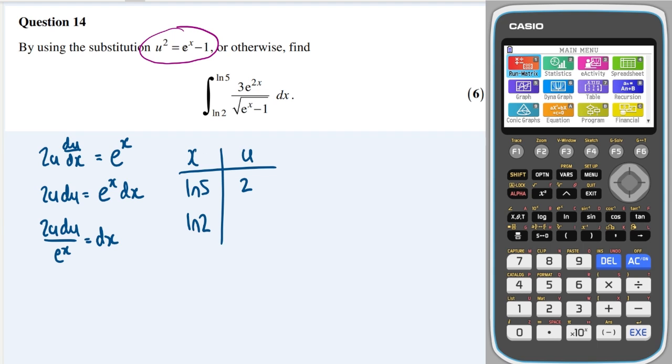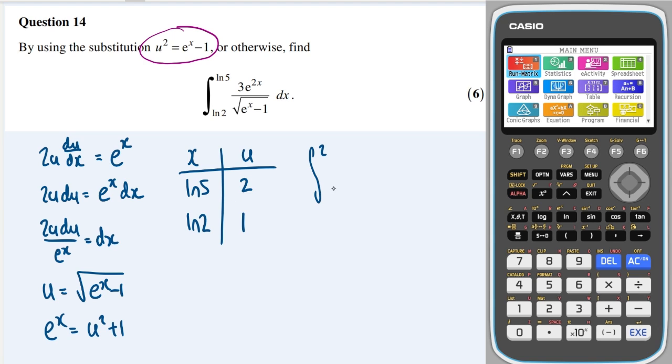Ln 2 goes in, and that gives me 2 minus 1, square rooted is 1. Great, so those are my limits sorted. And I'm also going to write u is equal to the square root of e to the x minus 1. And I'm also going to write e to the x is equal to u squared plus 1. That might be helpful.